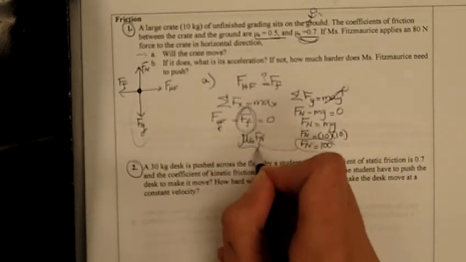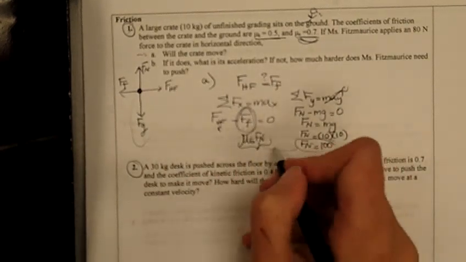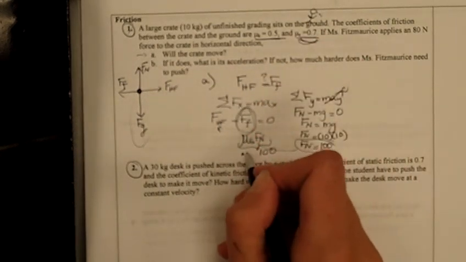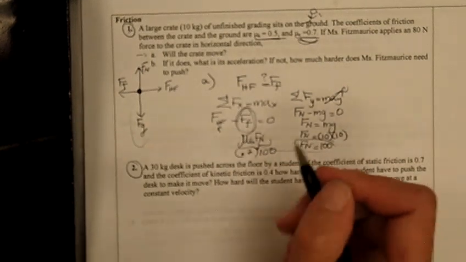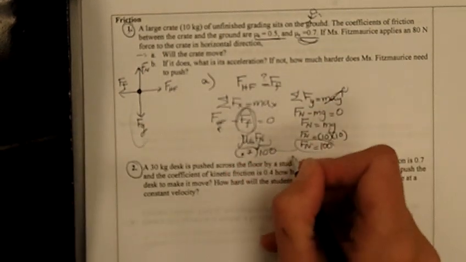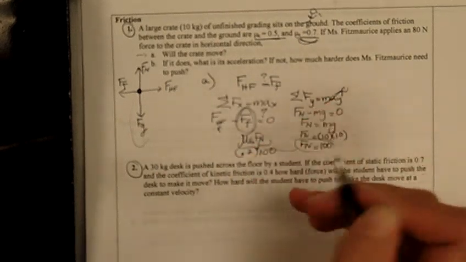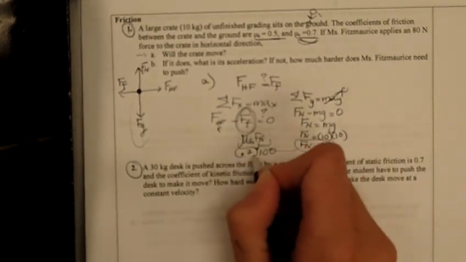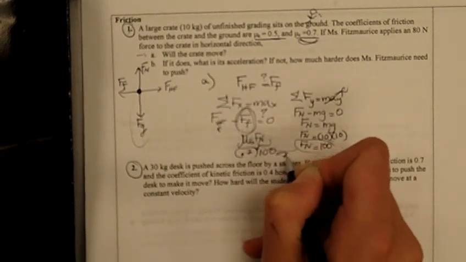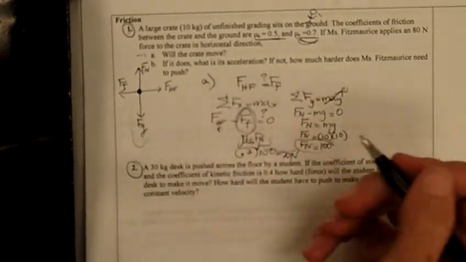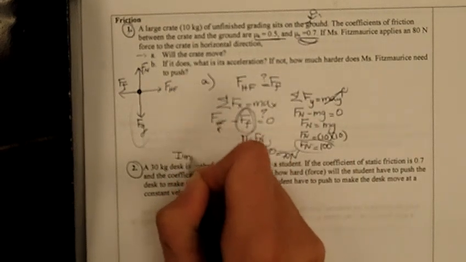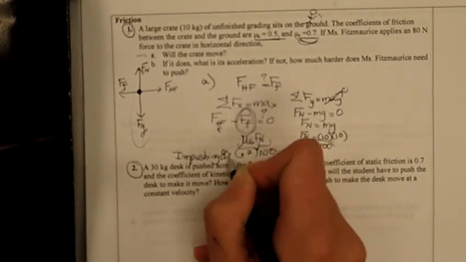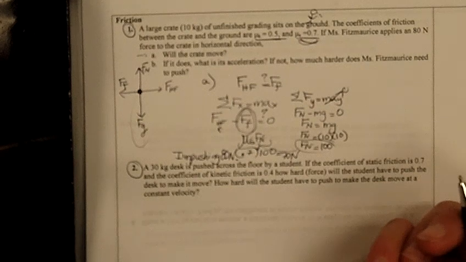The maximum static friction force will be 100 times mu s, which is 0.7. That's how much force I would need to push this thing to get it to start moving. This is equal to 70. I'm pushing with 80. So, yes, it will move.